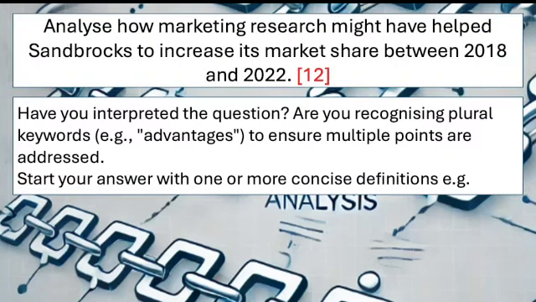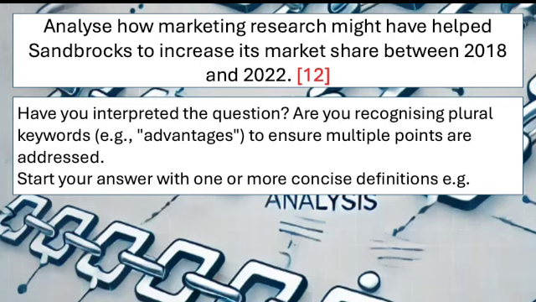So the first thing I'd advise you to do is, do you fully understand what the question's asking? This might sound like a really obvious piece of advice, but the amount of times that students misinterpret the question is high, and that is probably the most costly mistake you can make in any exam, because it will massively limit the level that you can achieve, and it might even equate to 0 out of 12 if you fully misinterpret.